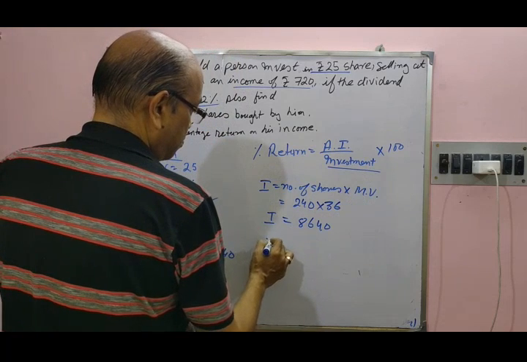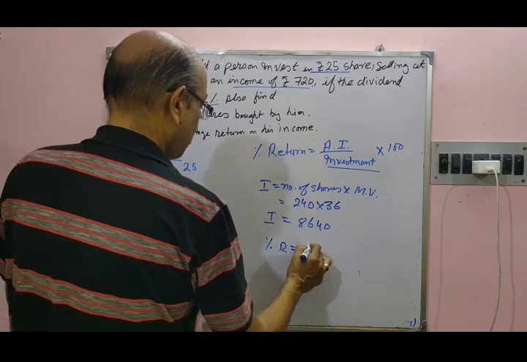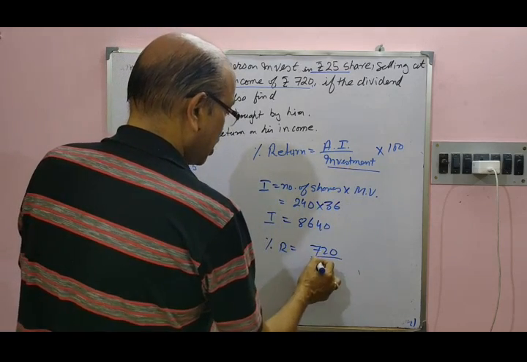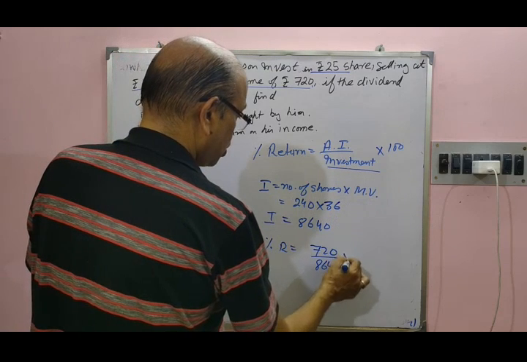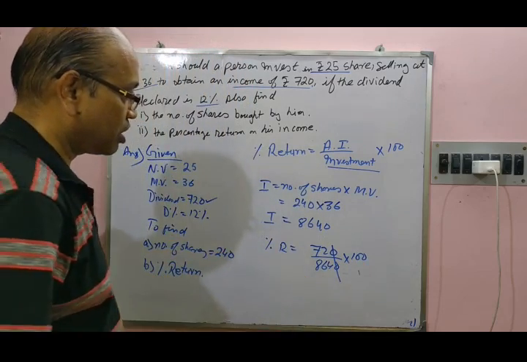Now putting this value in this equation, we get percentage return is equals to annual income was 720 by investment was 8640 into 100.